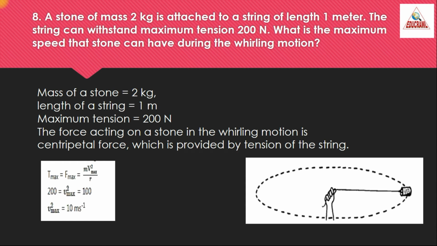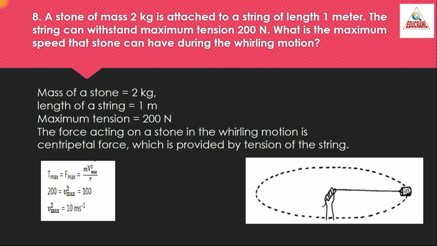Here, the force acting on the stone in a whirling motion is the centripetal force, which is provided by the tension in the string. Hence, T max is equal to F max is equal to mv squared by r, which is equal to 200 from the given data. So 200 is equal to mv squared by r. Here substitute the m value as 2 and r value as 1.